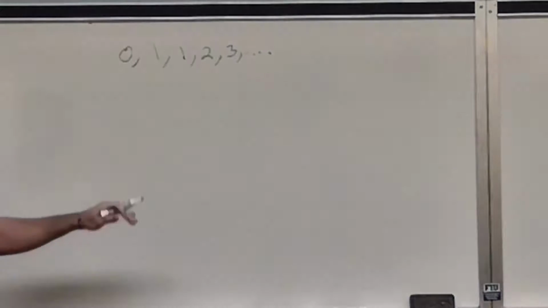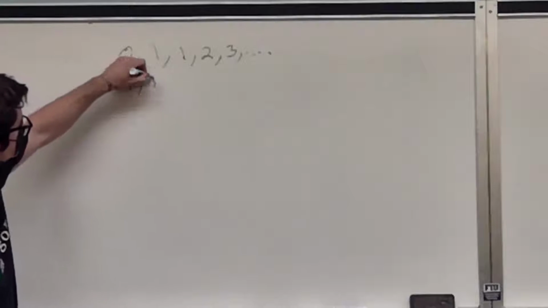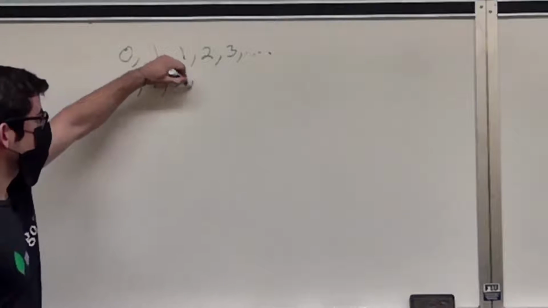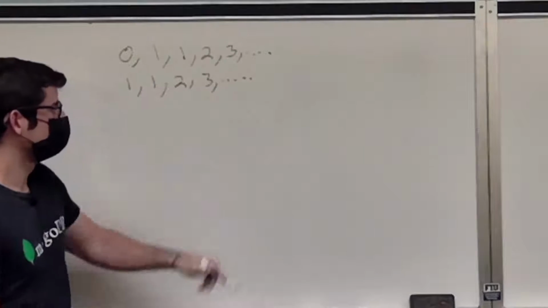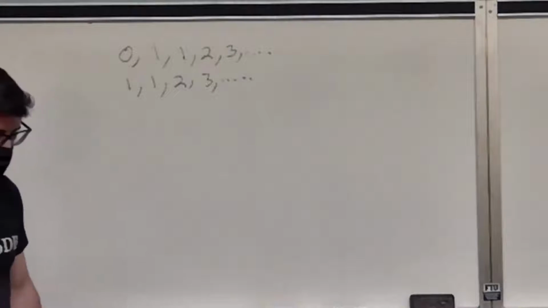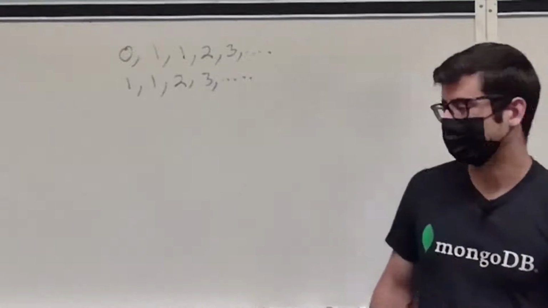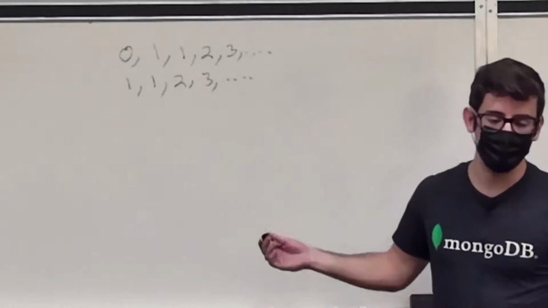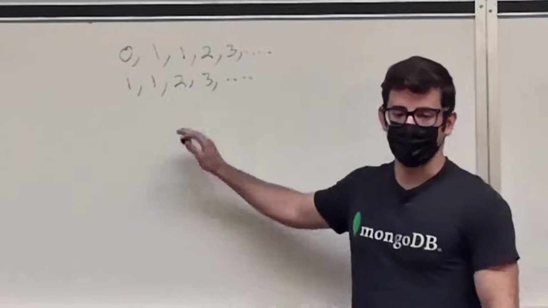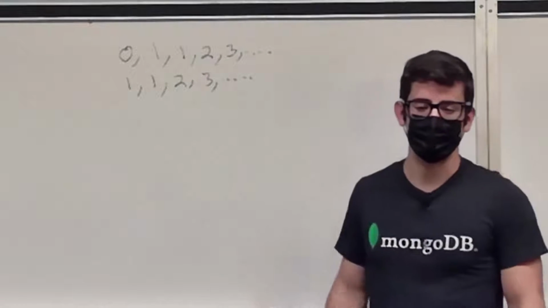The other sequence just drops the 0, and it starts off with 1, 1, and then it goes the same way. So no real big difference there. But since our problem is about the Fibonacci, it's good that we have this down and we really understand it.